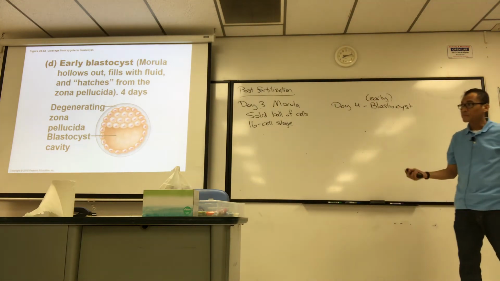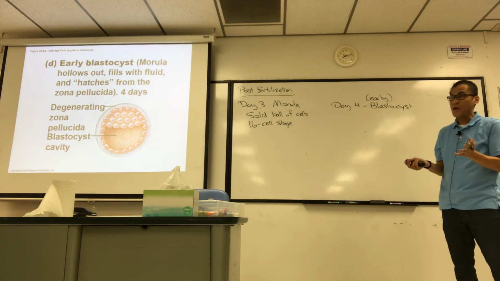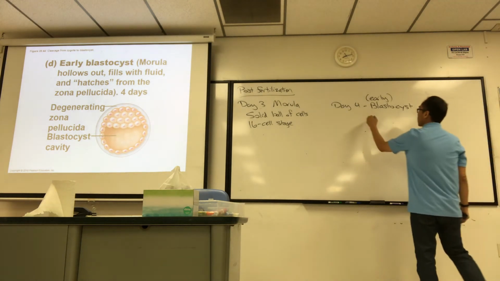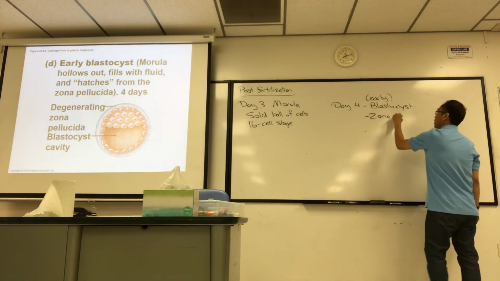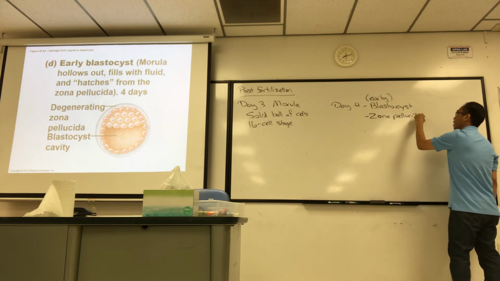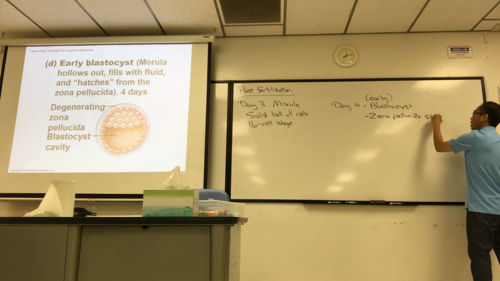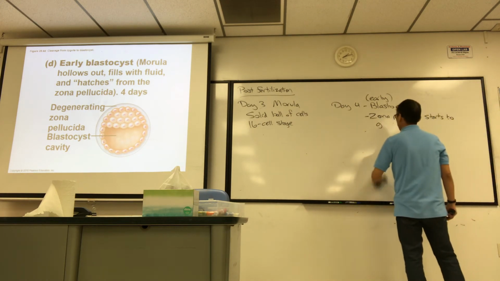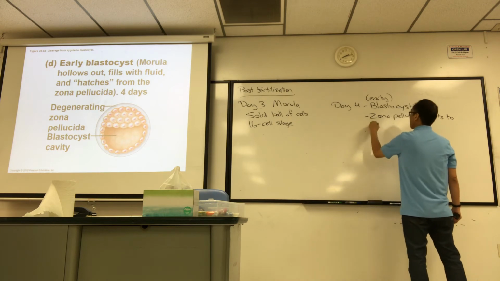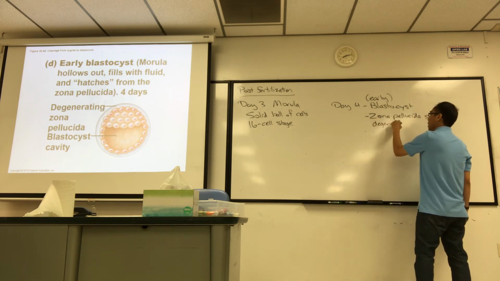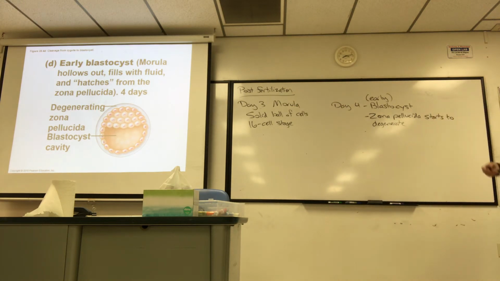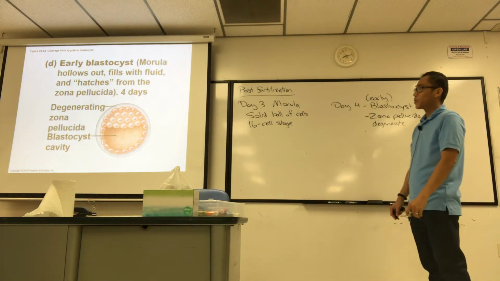Well, anyways, zona pellucida, it's still there, but it's starting to degenerate. I like how they call it hatching, like an egg hatching. You're finally starting to get rid of it.